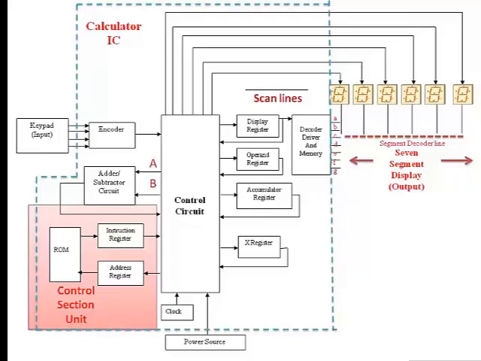The control section unit consists of two internal register elements called instruction register and address register.